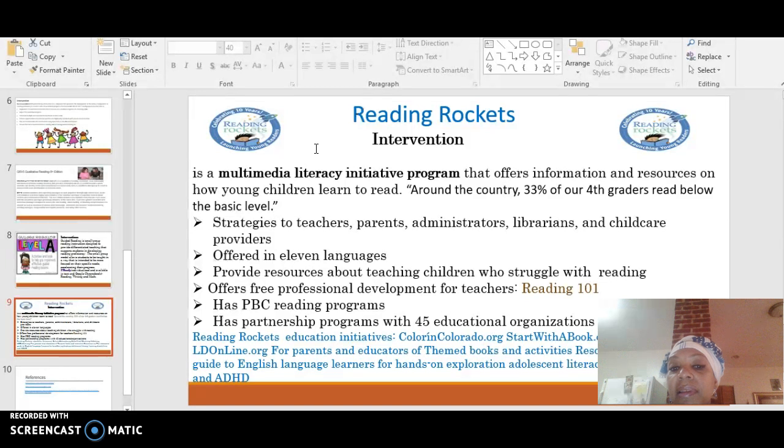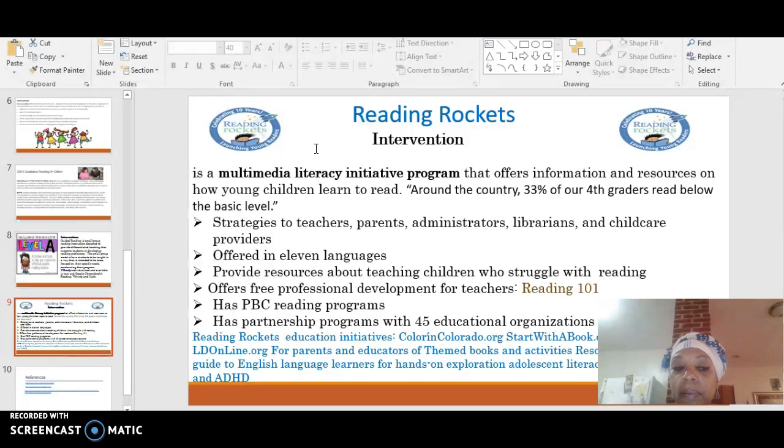They provide resources about teaching children who struggle. This program specializes in struggling readers, which is why it's a part of the intervention programs I'm sharing with you. Also, they have 45 different educational partners, and when a reading program has educational partners, that really says something about the program.